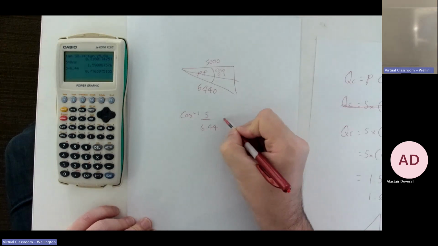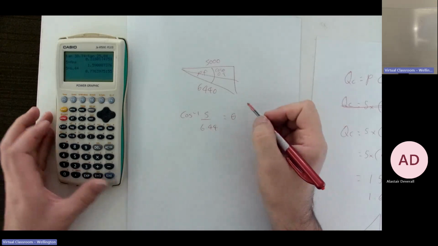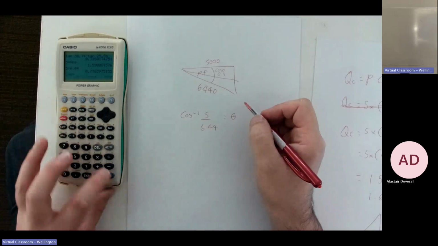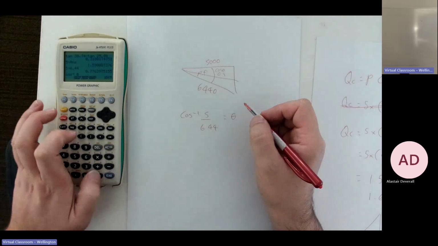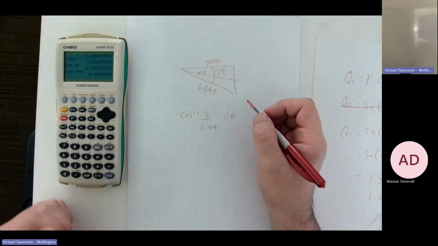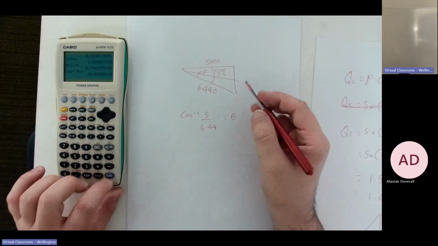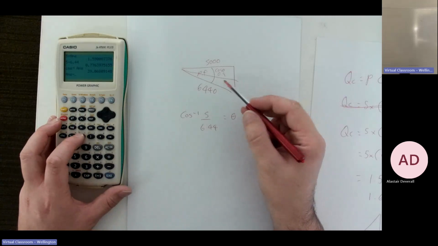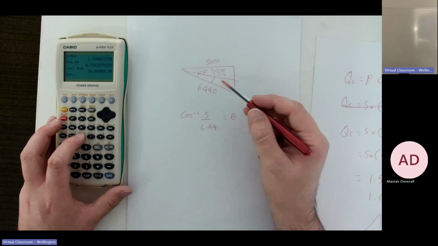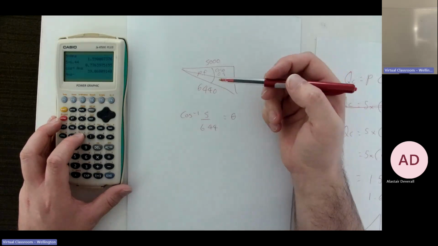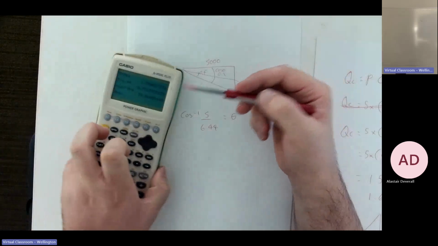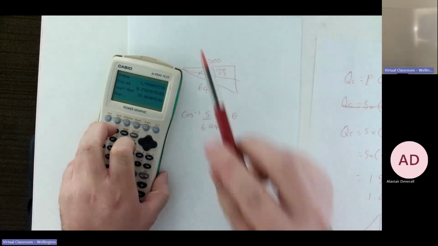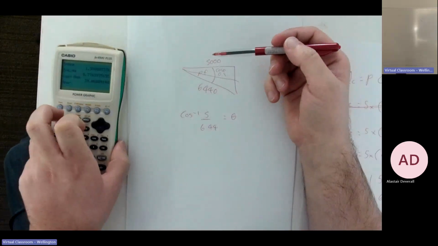So shift cos, shift answer, and we've got our theta, and then we can go minus. You'll notice to start with that's already 39, not 38.74 from our rounding.